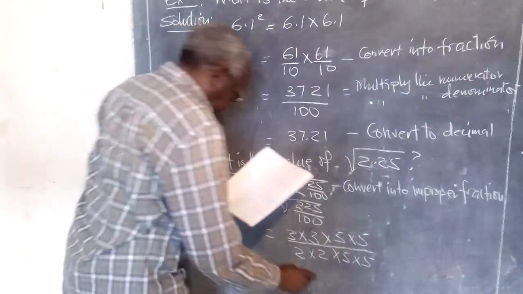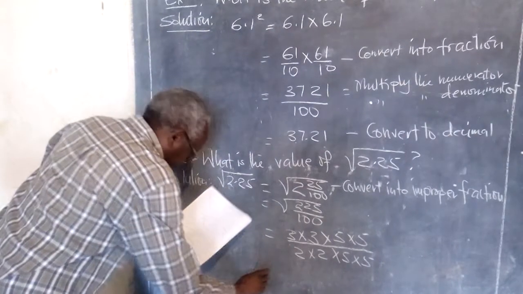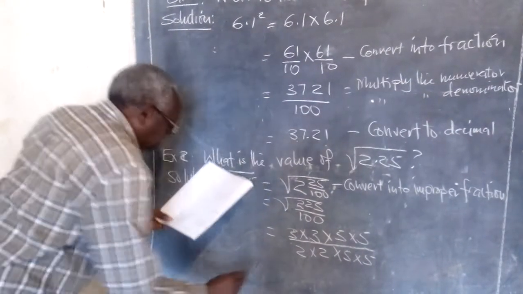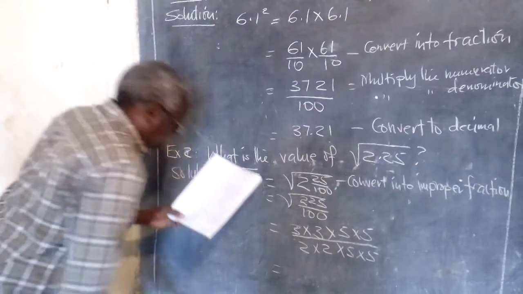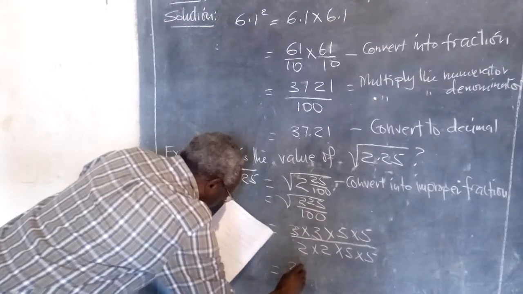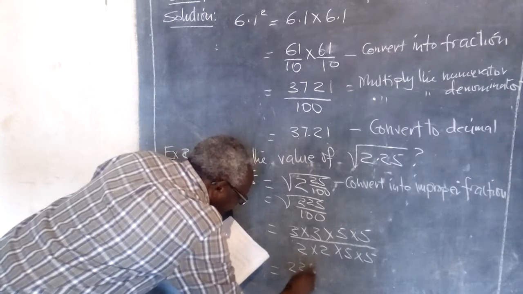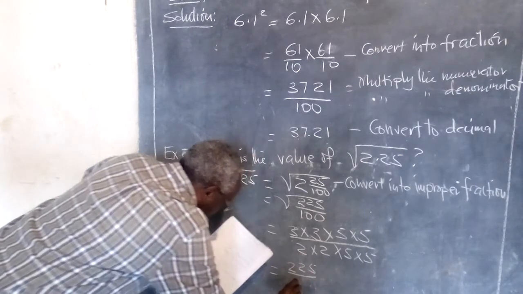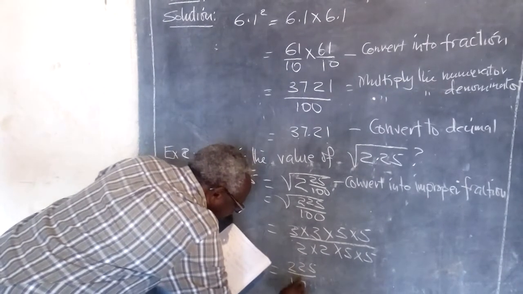And in this case, therefore, we are going to get that is 9 times 25 shall get 225 over 100.